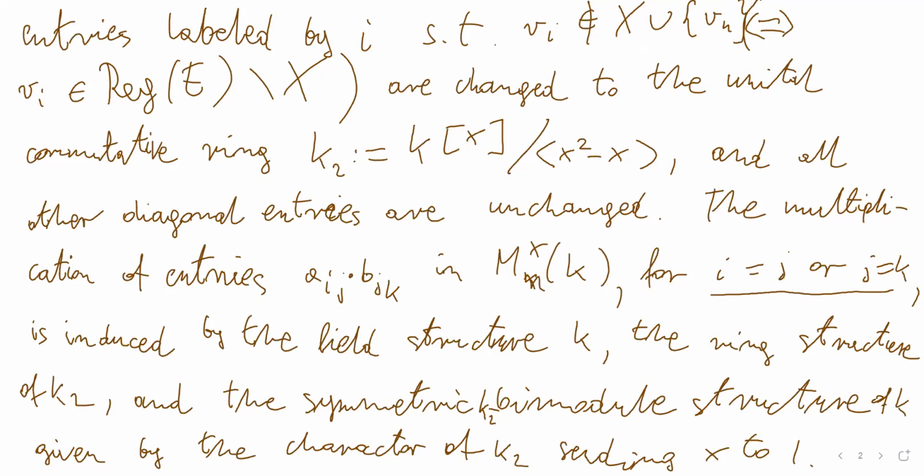Let me write it more nicely. This is N. It's basically a matrix algebra, but with some slots modified and some multiplication modified ever so slightly. So I think that's enough for this example.